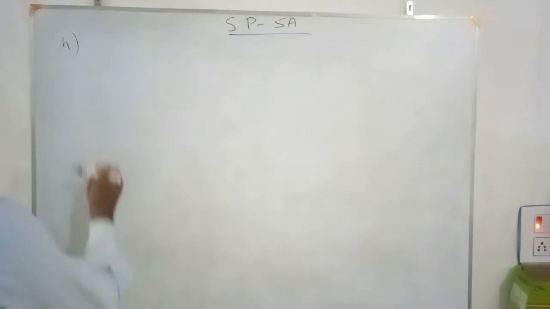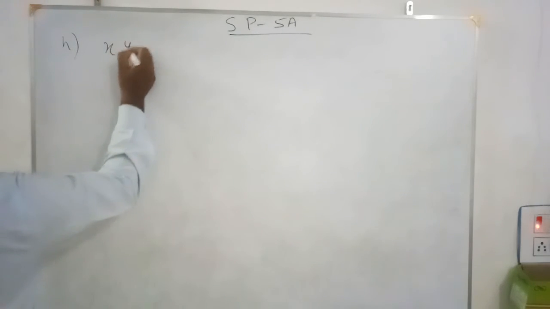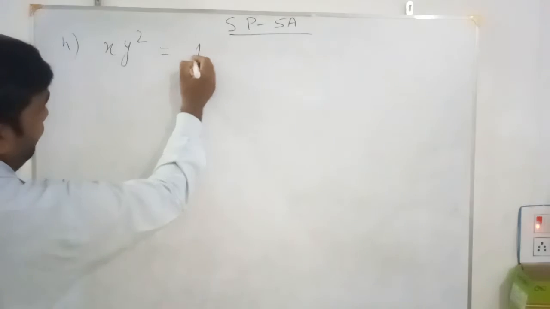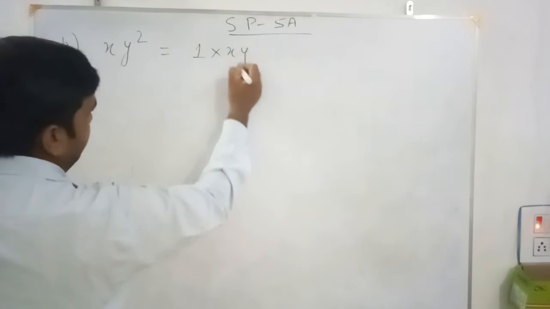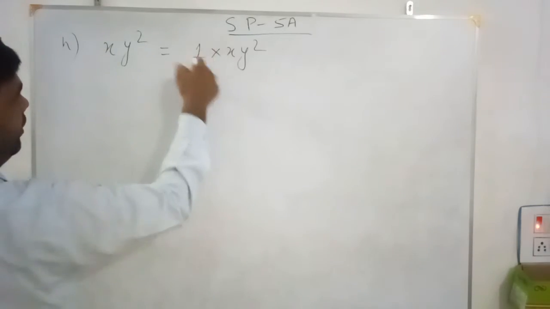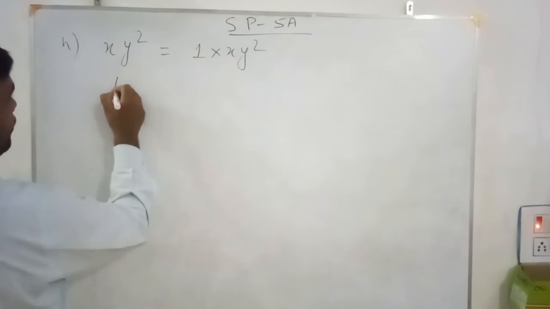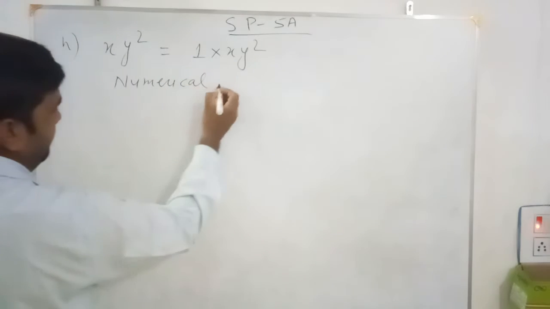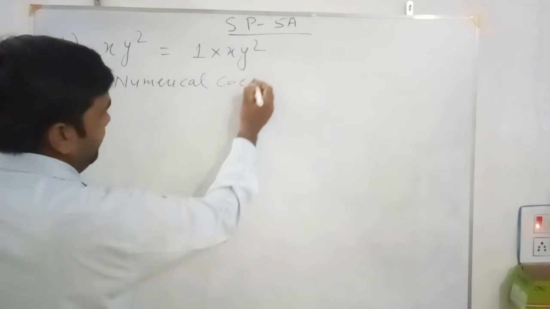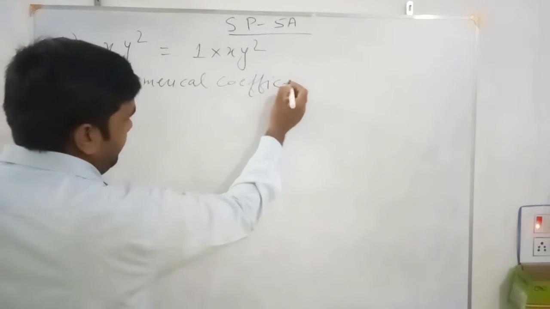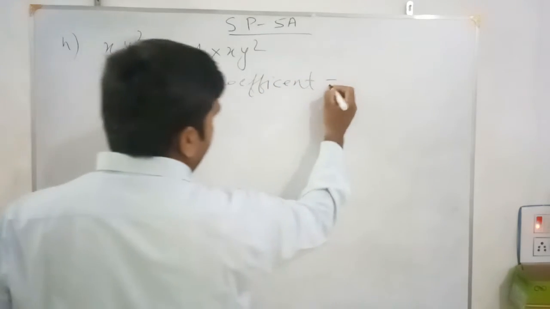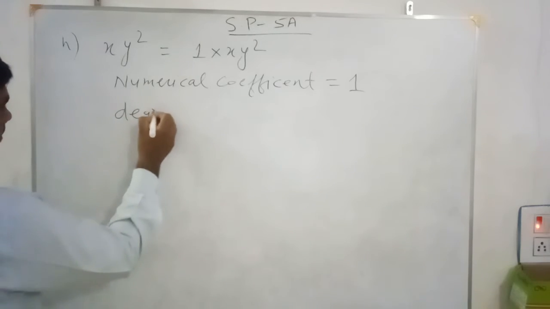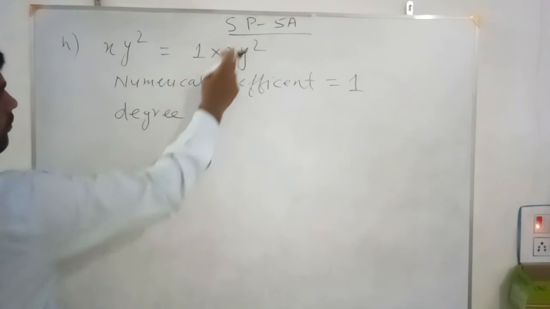Now the next question is xy square. It can also be written as 1 into xy square, so this 1 is the numerical coefficient. Numerical coefficient equals 1 and the degree is 1 plus 2.